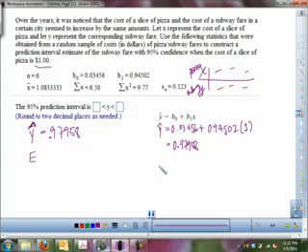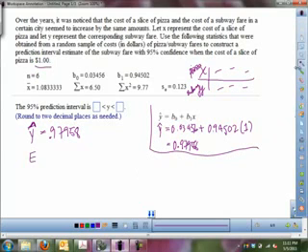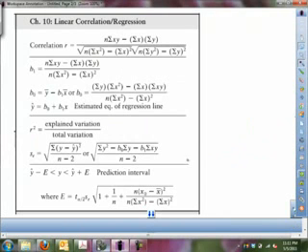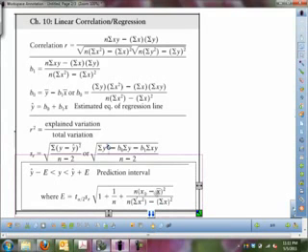To find our margin of error, it's actually a long, complicated formula. So let's take a look at that formula. Our margin of error is given by t sub alpha over 2 times s sub e times the square root of this big long thing.